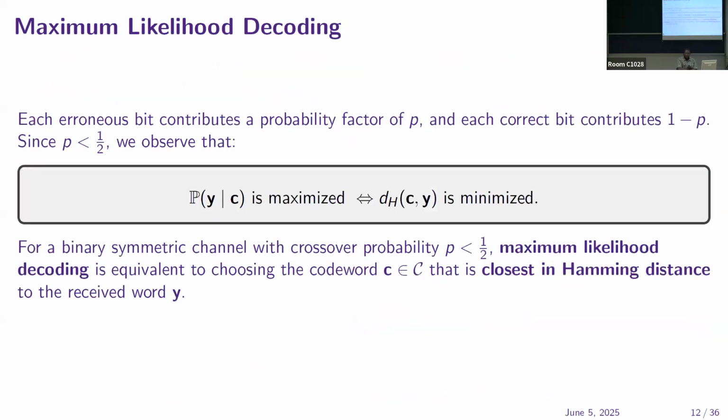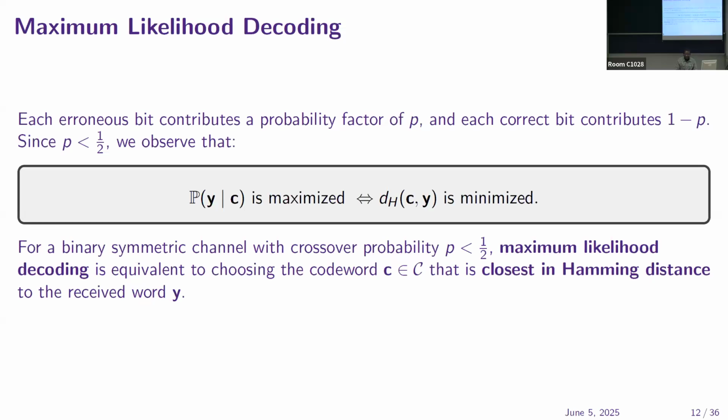Each error bit contributes a probability factor of P, and each correct bit contributes 1 minus P. If the error probability is less than 1/2, we observe that maximizing this conditional probability is equivalent to minimizing the Hamming distance between c and y.